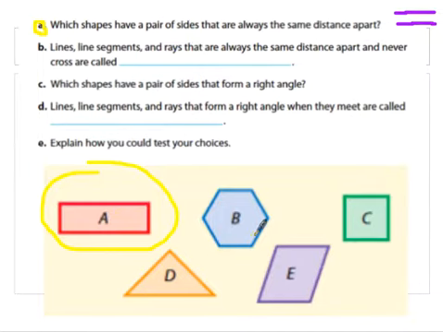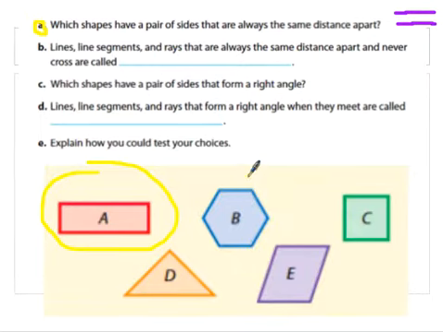What about shape B? Okay, there's lots of sides to this shape, but let's just look at two sides of it. This side and this side. Are those parallel with each other? Yeah, they sure are. What about some other sides of this shape? What about this side and this side? Are they parallel? No, because they cross over each other. That means they're not the same distance apart from each other.